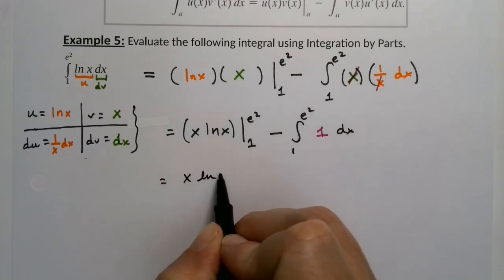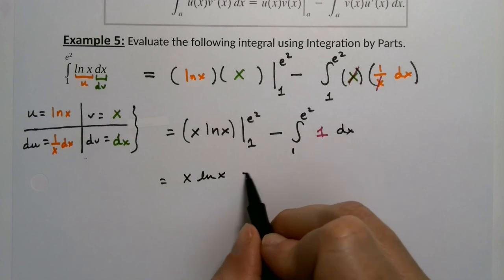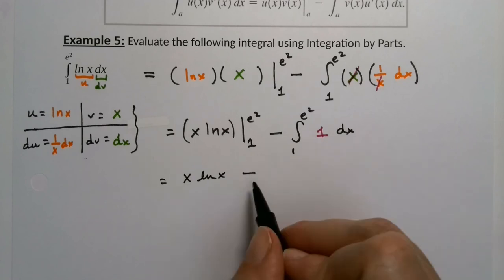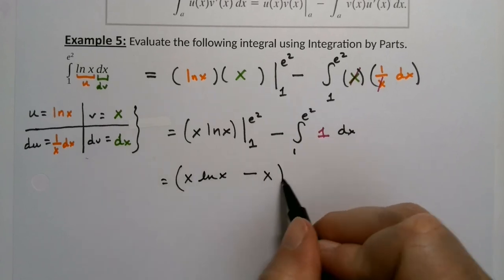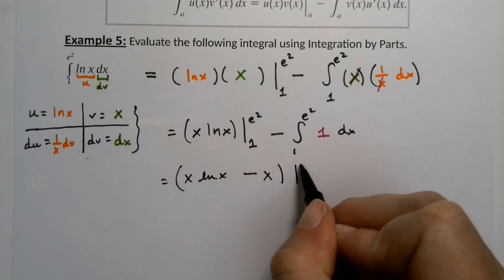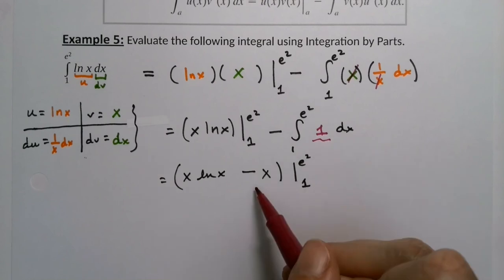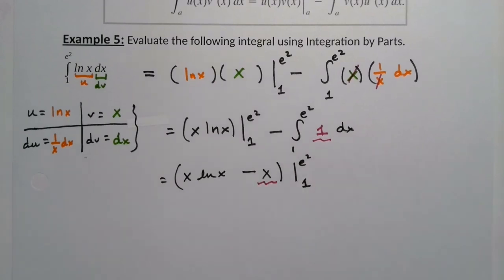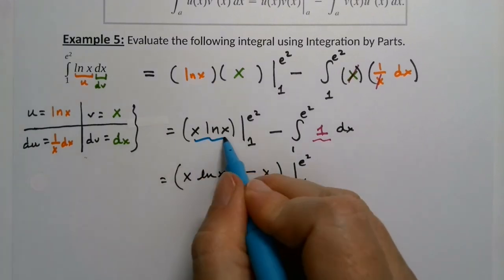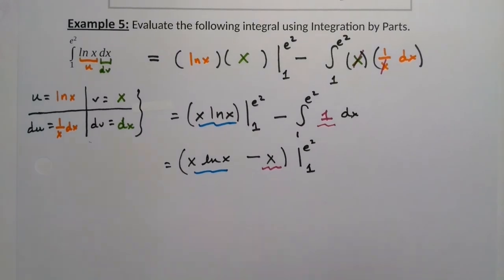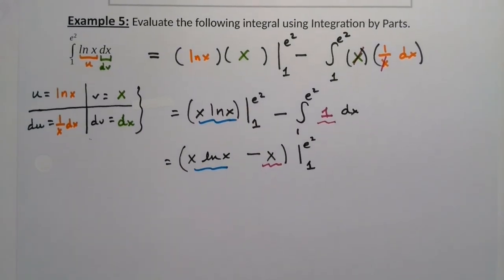And this is x natural log of x minus, and then this integral is x. And then all of this is from 1 to e squared. Right? Where this piece right here is forming that, and this piece right here is that piece. Right? So I kind of put them together. I mushed them. You didn't technically have to, but it's just easier.